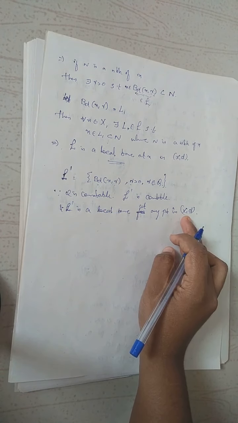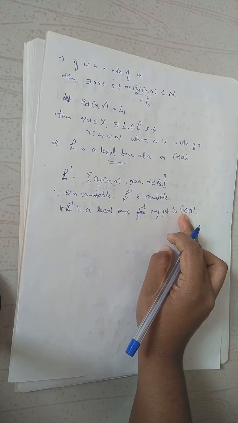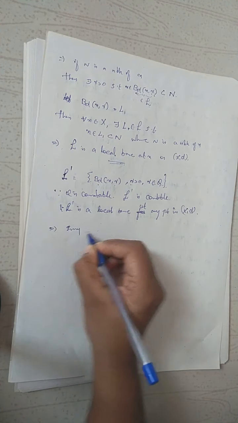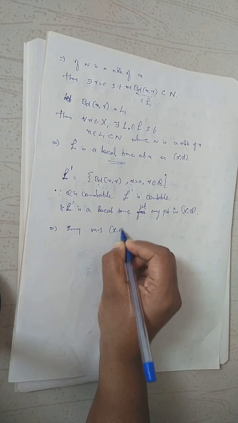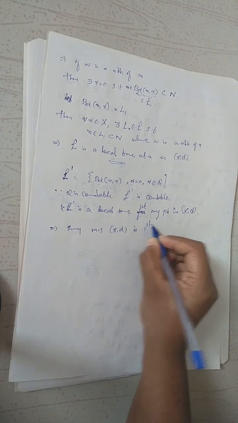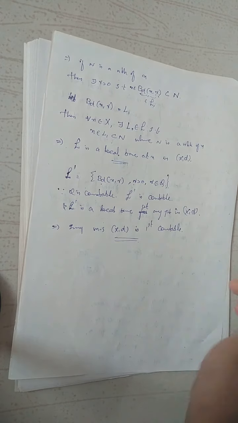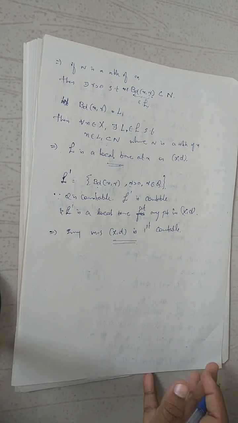So we can say that every metric space (X, d) is first countable. This is an example of a first countable space too.